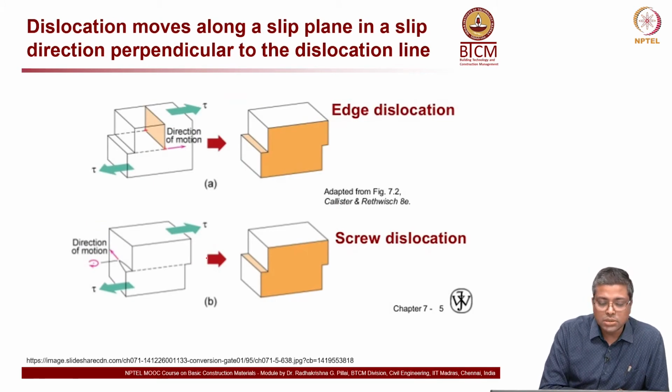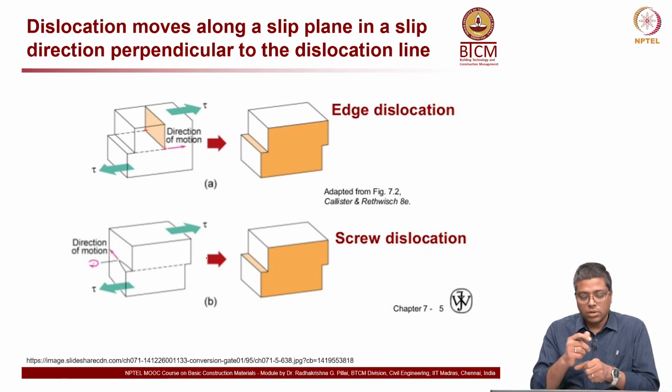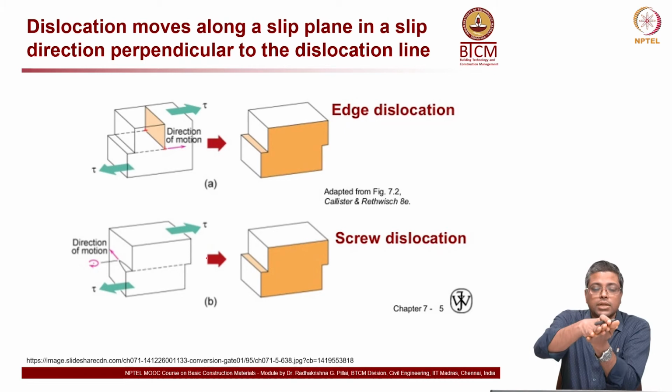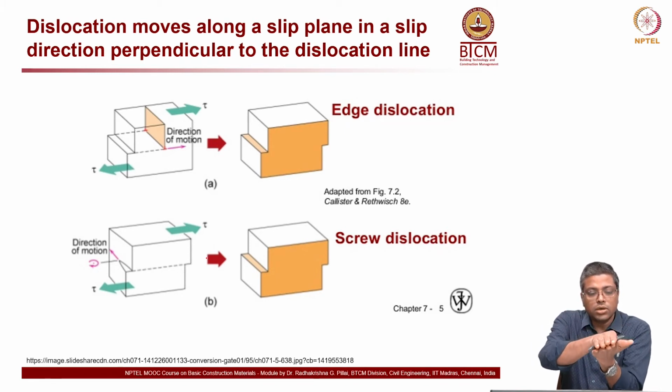This is showing the difference between these two types of dislocations. Let us say you take a solid material and you try to shear it, like I am showing with my finger. I am moving my palm like this, and the direction of motion and the direction of the force which I am applying are parallel.